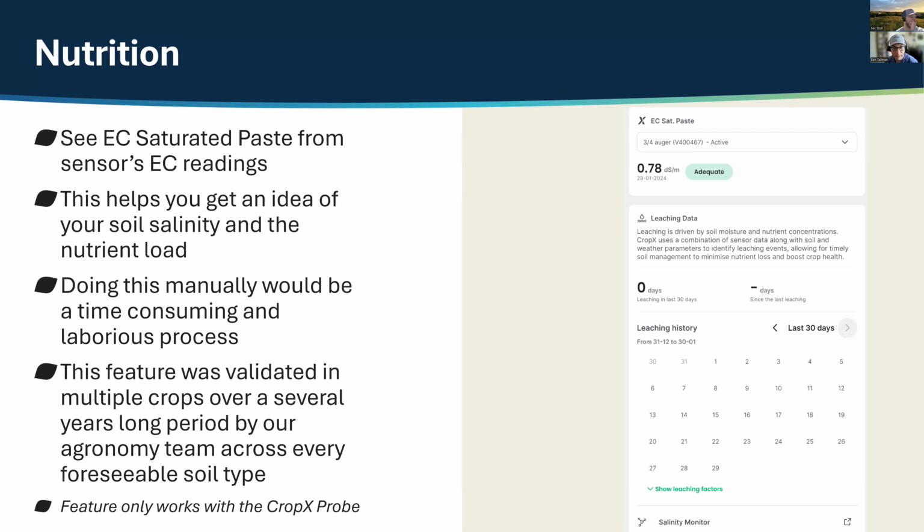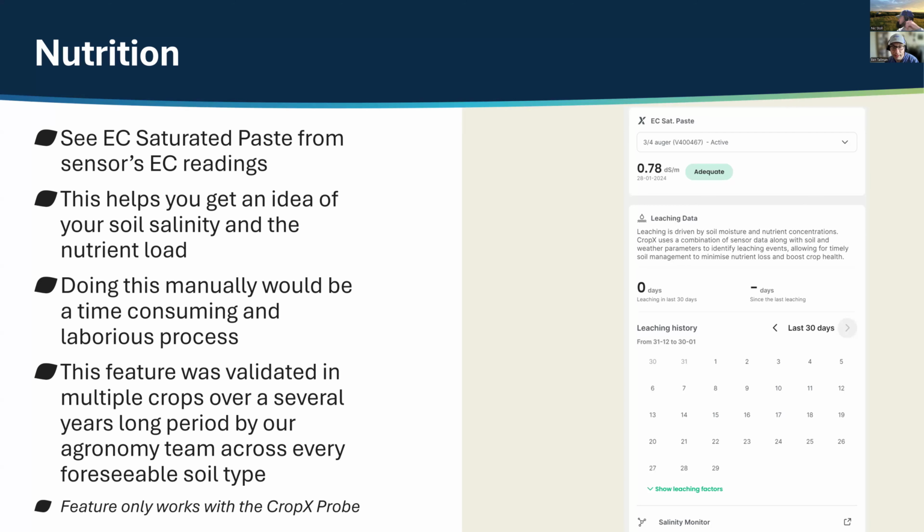Doing this manually would be a very time-consuming and laborious process. So we're giving you a lot of information here that often would have required you going out to the field. We validated this in previous years, but after last year's full deployment, we really saw that this feature proved to be very valuable and definitely lived up to the expectations.